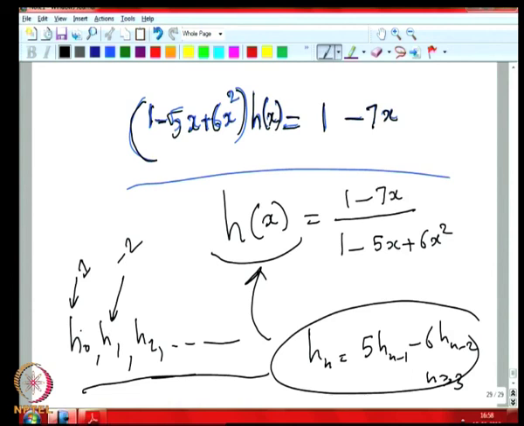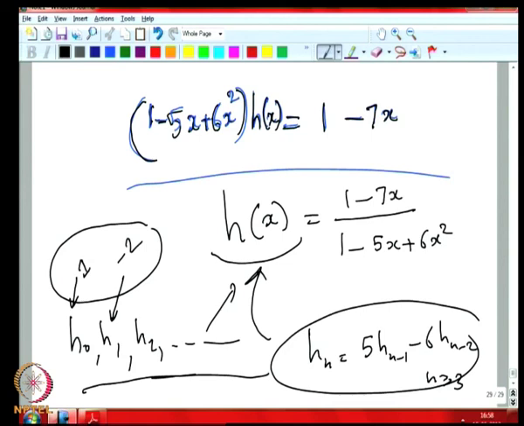The generating function h0 plus h1x plus h2x square plus h3x cube, its closed form we got, that is 1 minus 7x by 1 minus 5x plus 6x square. Note that this has already captured the initial conditions also, we do not have to struggle to fit the initial conditions, right. It has also captured the recurrence relation.